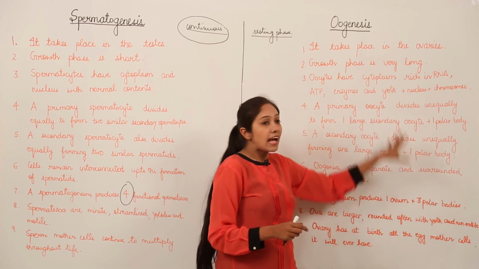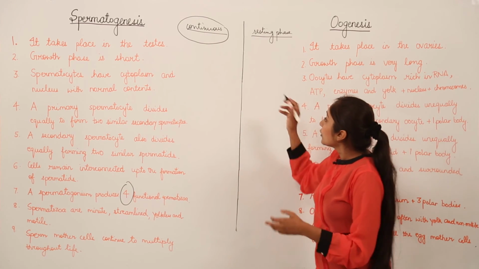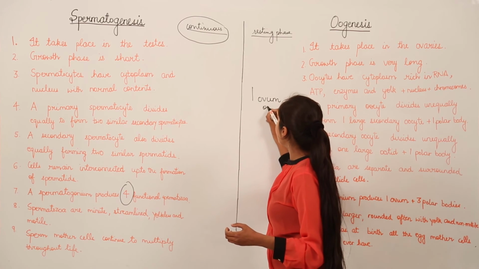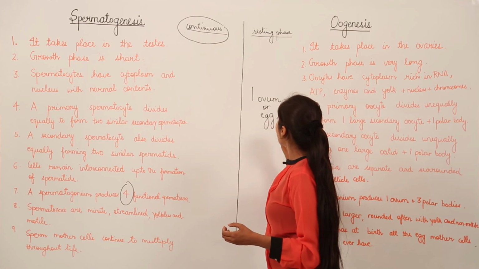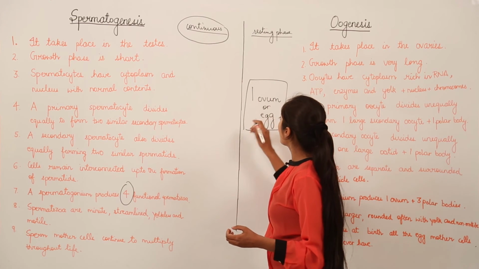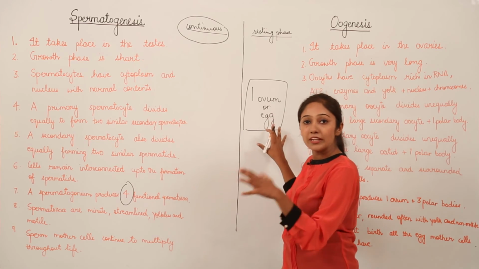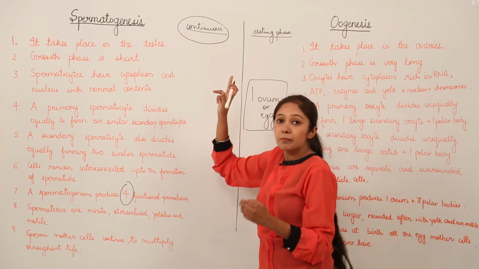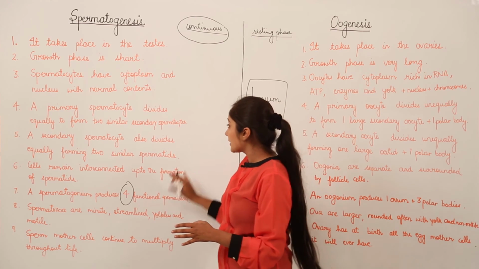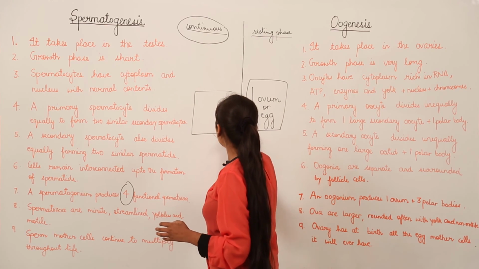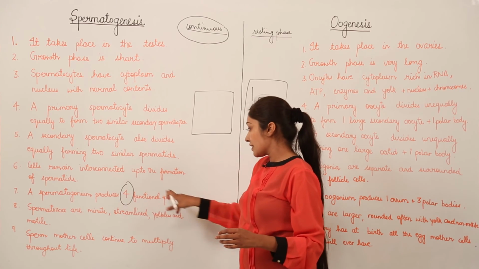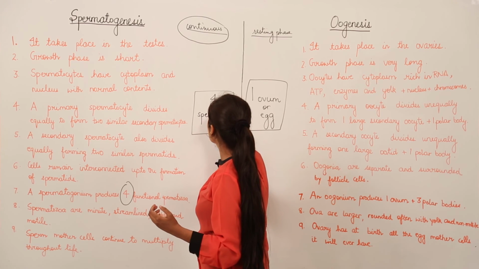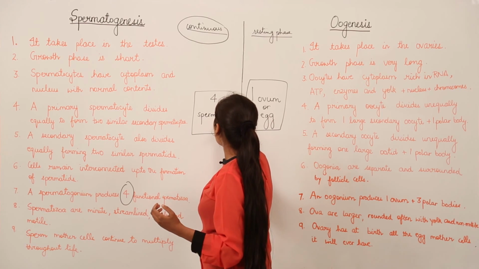So as a whole we can summarize that only one ovum, or egg, is going to be produced after this complete process. But in spermatogenesis, you must remember that we will have 4 spermatozoa. But what about the other cells?